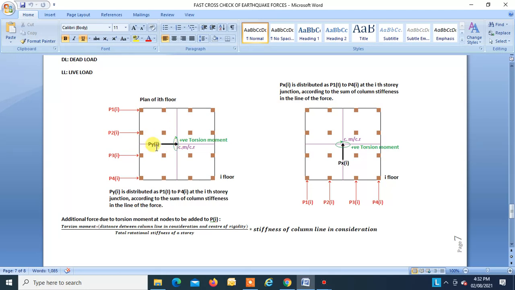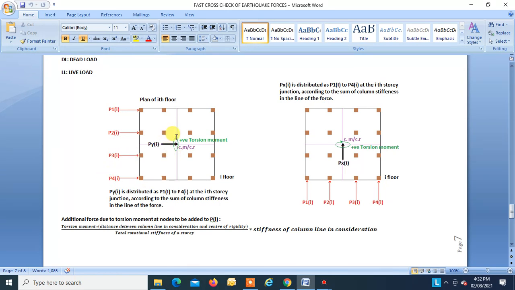Part of this force will go over here, depending upon the stiffness of this column line, and similarly for this column line and this column line. In our case, all the columns are of the same size, so this will be divided by 4: Py by 4, Py by 4, Py by 4, Py by 4.